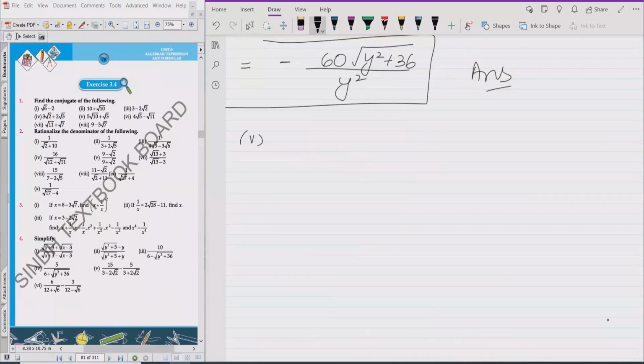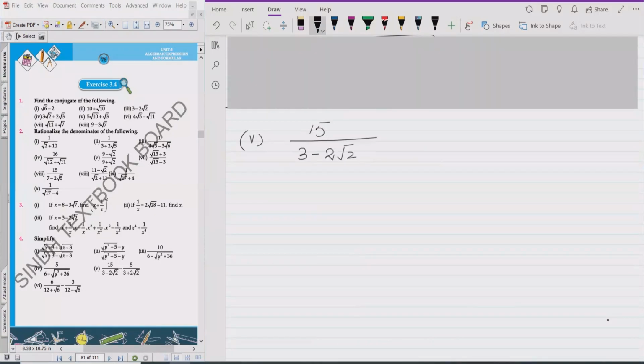So question number 5, because the methods are the same. Question number 5 is 5 upon 3 minus 2 root 2, minus 5 upon 3 plus 2 root 2, right? So what we have here is a minus sign between them. So now we do not do rationalization first.